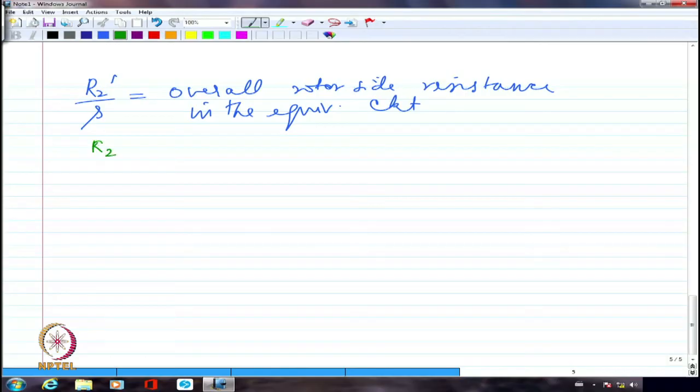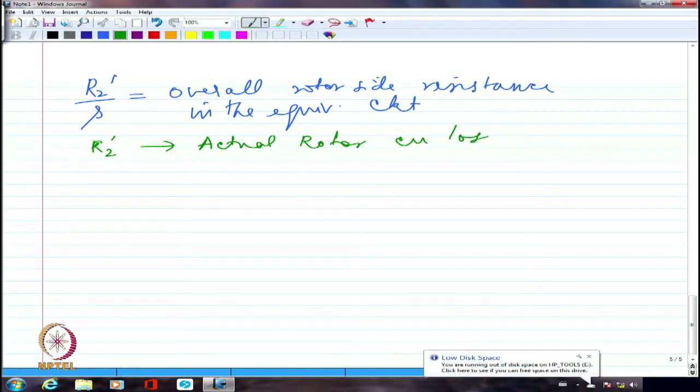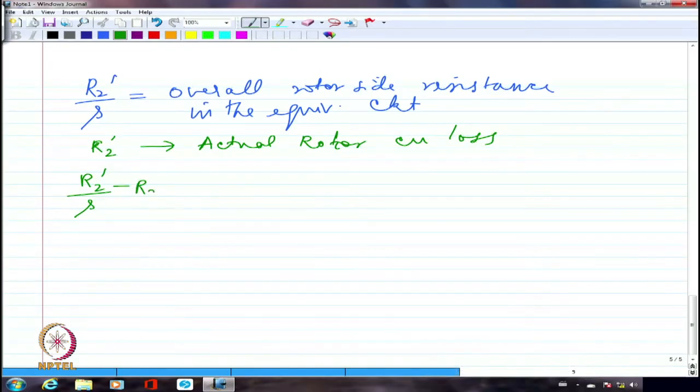One is R2 dash itself, which corresponds to the actual rotor copper loss component. So I can say R2 dash by S minus R2 dash is the one which is going to represent the mechanical power output. Of course, I have to multiply everything by I2 square. I have just eliminated I2 square because everywhere that is a common factor.